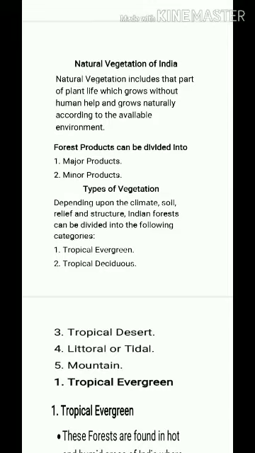Forests are a very important natural resource because they provide an environment for wildlife. Also, they improve the fertility of the soil and prevent soil erosion. Also, they produce many products. The forest products can be divided into two parts: major products and minor products. What are the major products?